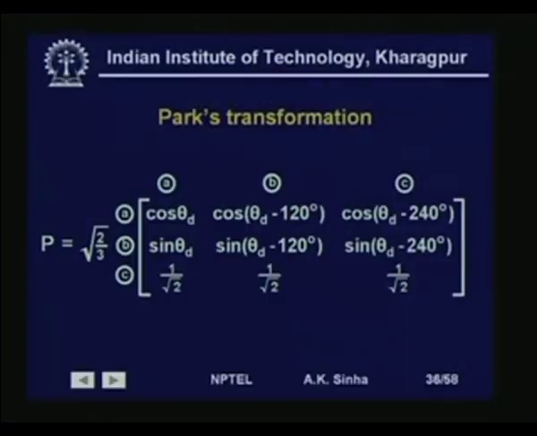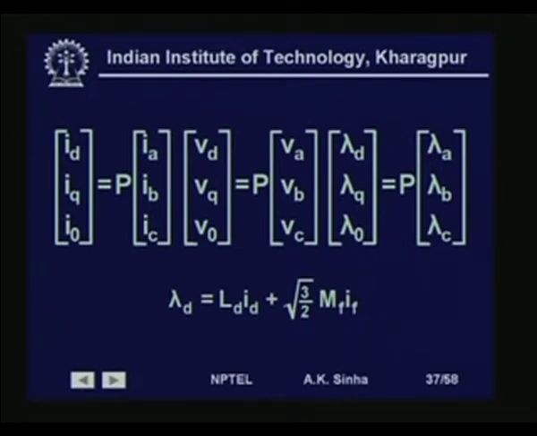We transform the ABC phase reference values into the DQ0 frame of reference by using this Park's transformation. And this dq0 frame of reference, since it is along with the rotor, rotates at the same speed as that of the rotor. The current dq0 can be obtained by multiplying this transformation matrix with the phasor values.